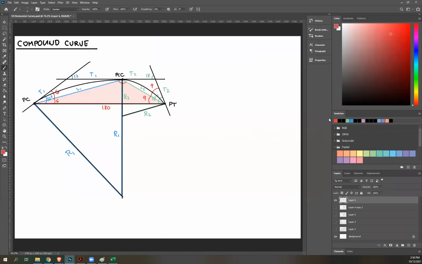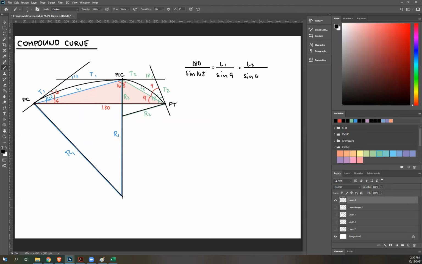Okay, so that's 165. And now we have 3 angles and a side. We're using sine law. So using sine law, 180 over the opposite angle sine 165 equals L1 over sine, this L1 opposite angle is 9, so sine 9 equals L2, opposite angle is 6, over sine 6.